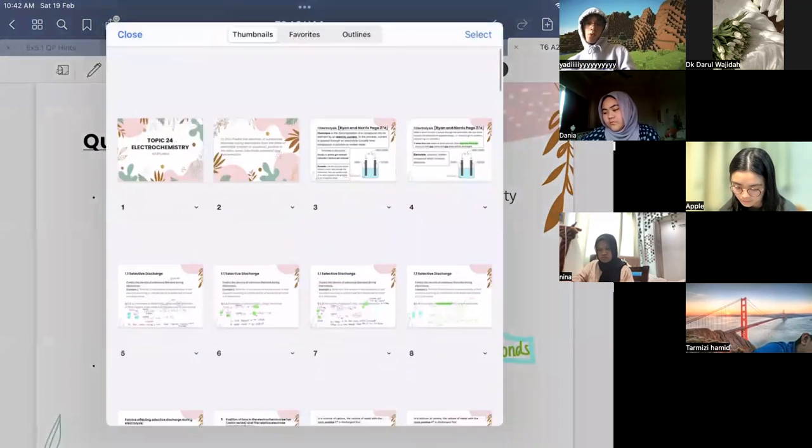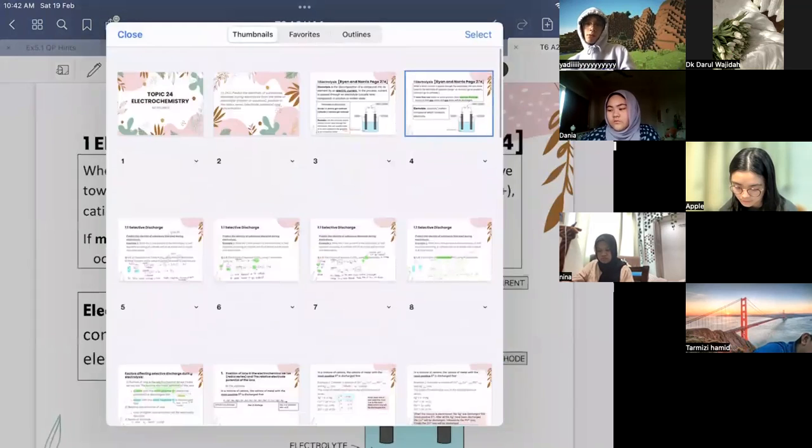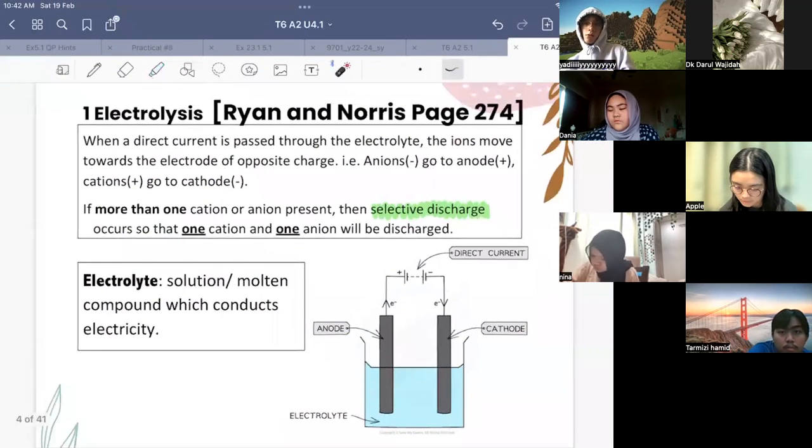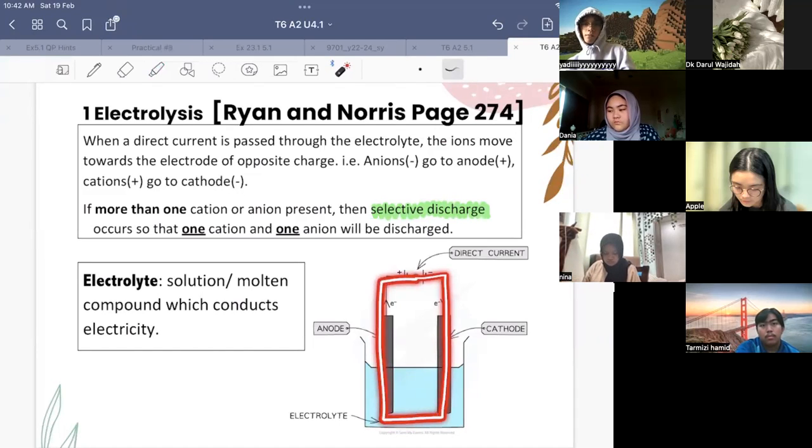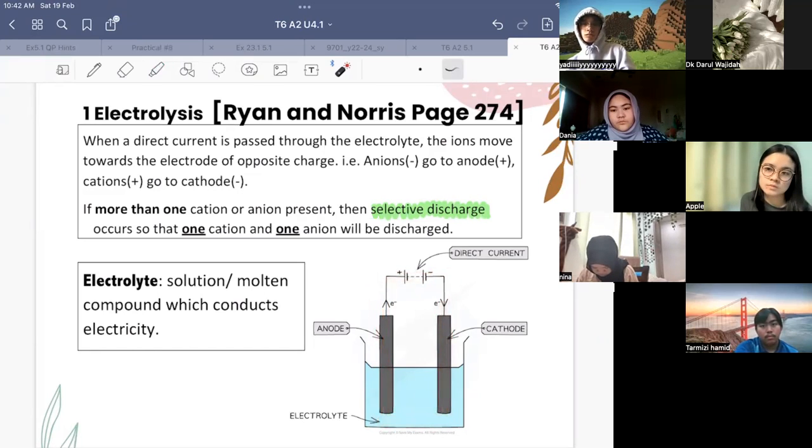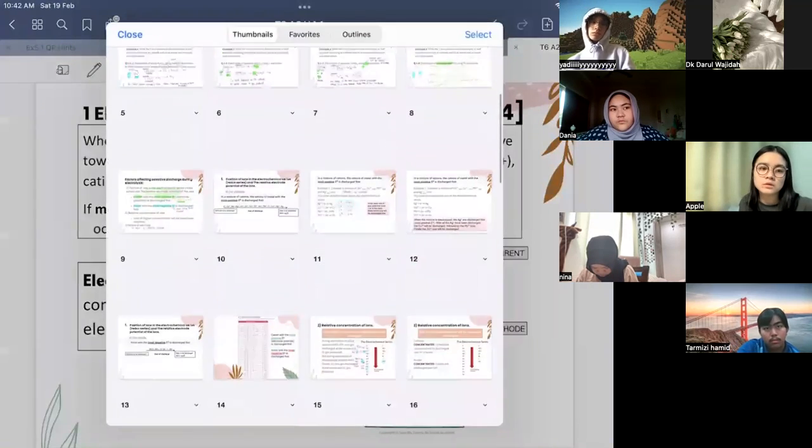If you remember, our electrolysis is like a complete circuit, because you have a power supply here, and then the electrolyte is a conductor, so we can find the charge that goes around in this electrolysis setup using Q equals It. Okay, moving on.